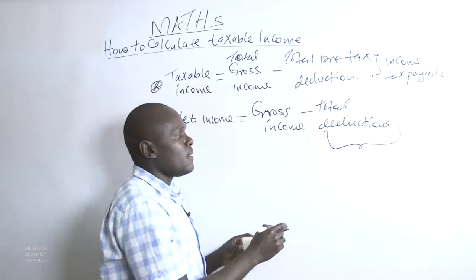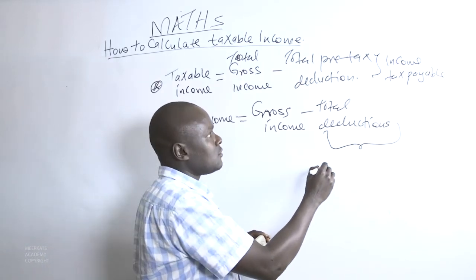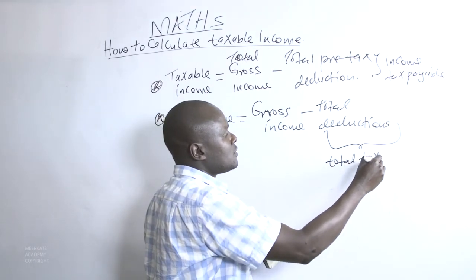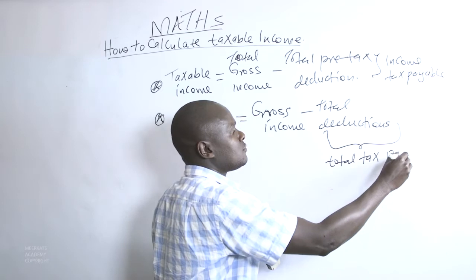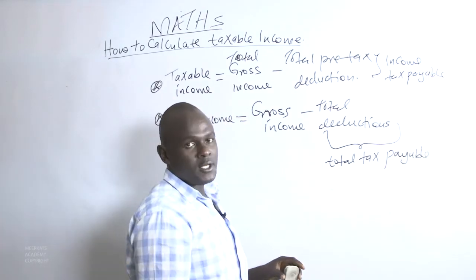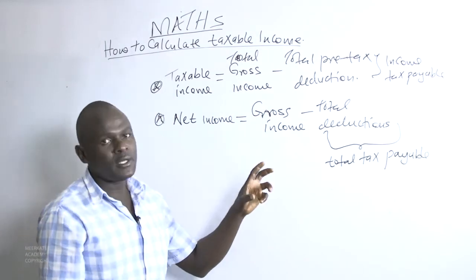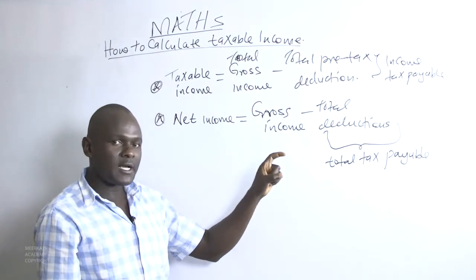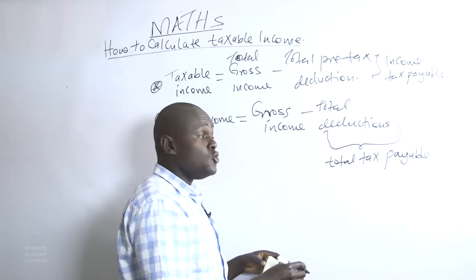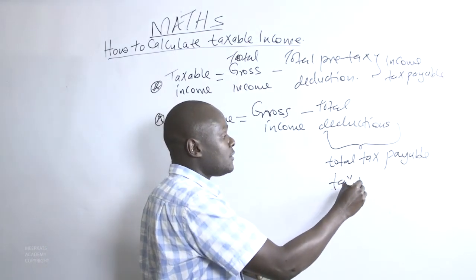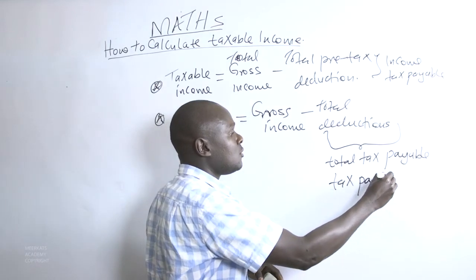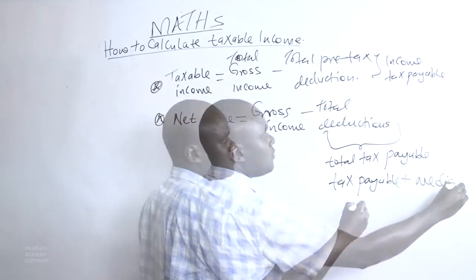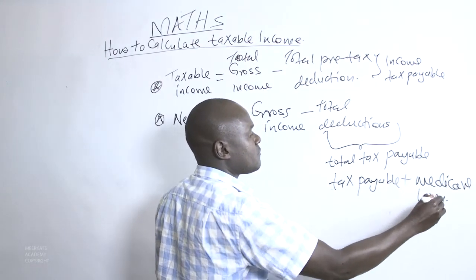These deductions basically include the total tax payable, where we can have the tax that we have calculated from the tax bands or from the tax table, plus the Medicare levy.